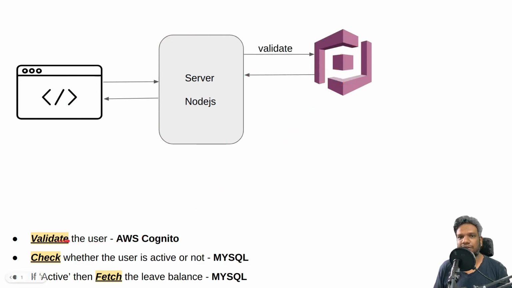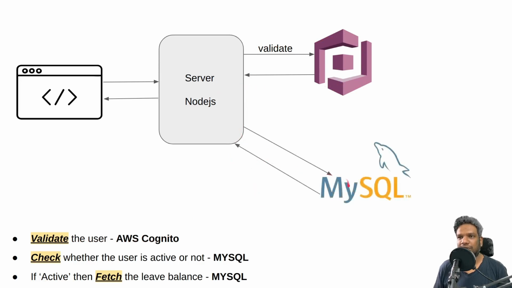This is the first step, where we'll validate. And then once he is validated, I'm going to hit the MySql database and check whether the user is active or not. And then again, I'm going to hit the MySql database and fetch the leave balances, provided the user is active.